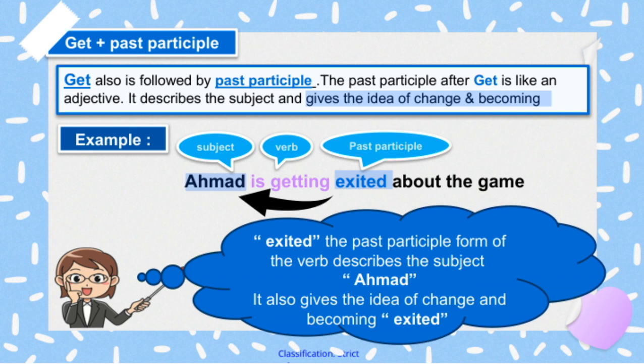It helps us understand not just what is happening, but also the change or transformation the subject is undergoing. So, in summary, the past participle excited helps us describe the subject and conveys a sense of change or becoming. This is a key idea when we're talking about states, feelings, or transformations in English.